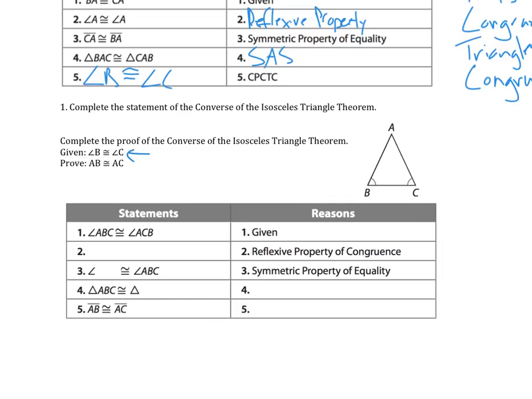And then reflexive property gives us BC is congruent to CB. And angle ACB is congruent to ABC.